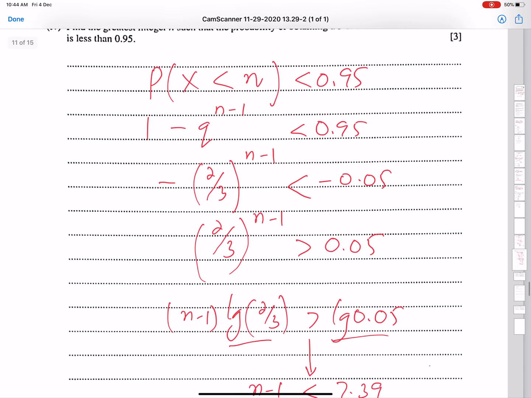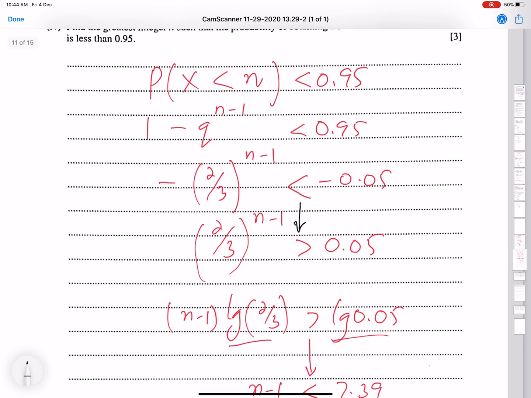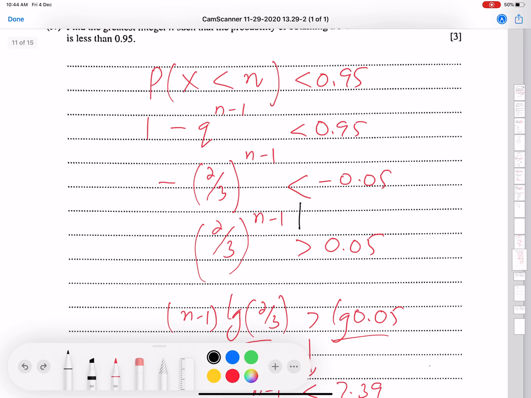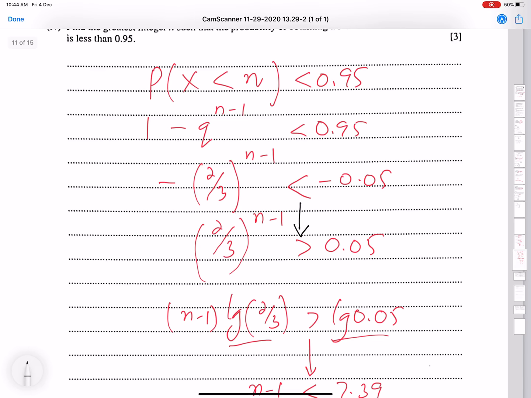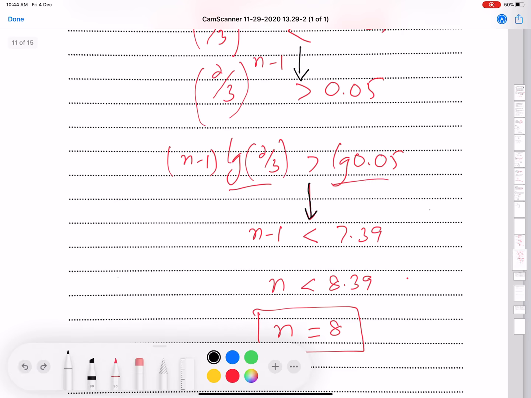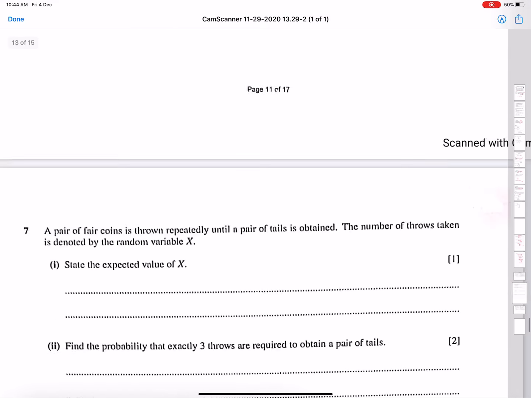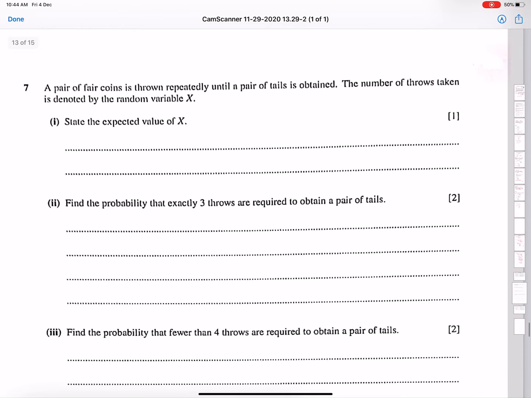Make sure you change the sign of inequality while cancelling negative on both the sides, and then here while dividing this log with this log, because both logs are negative. And n is an integer.